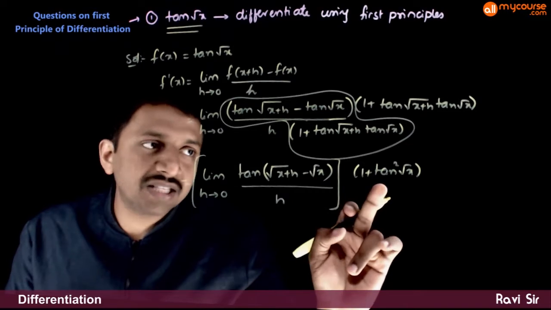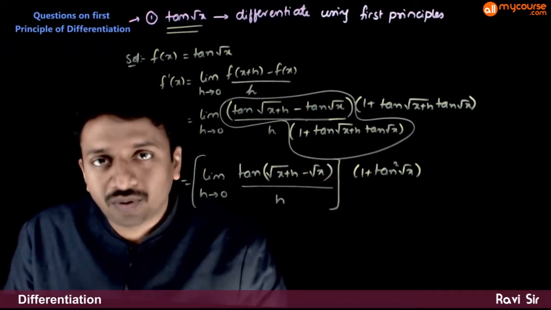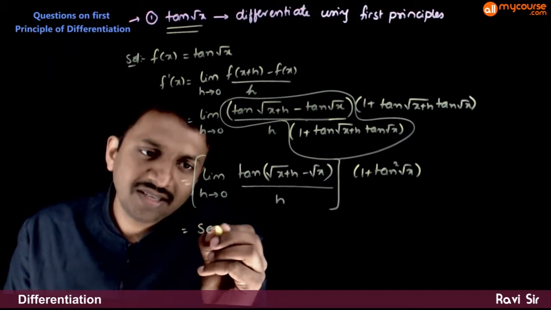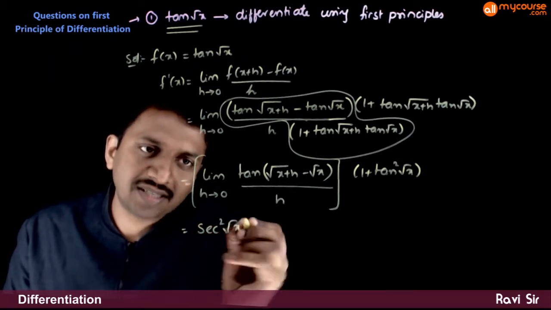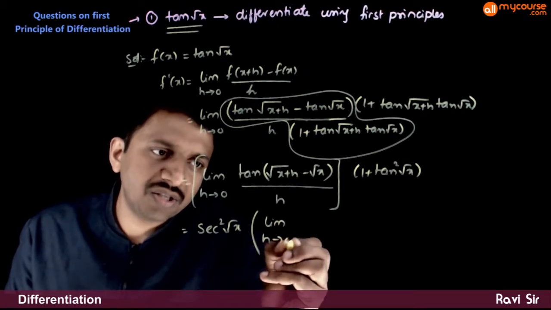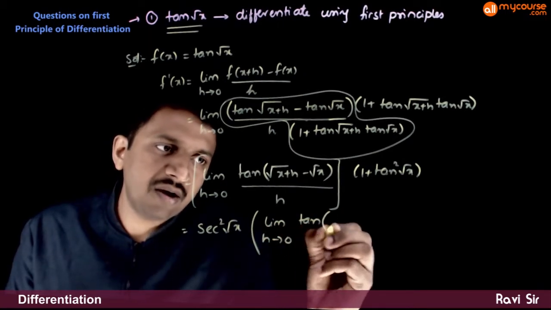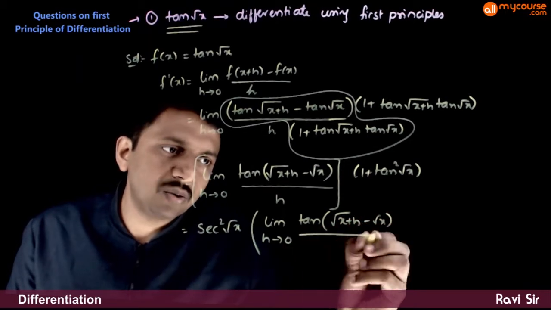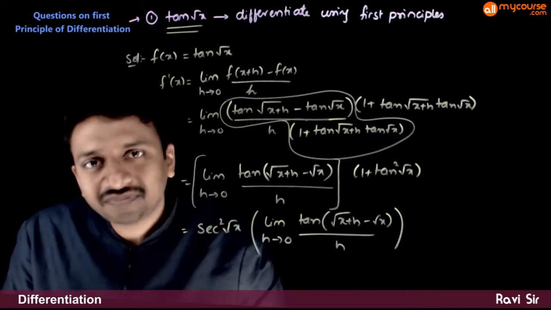So 1 plus tan square root x is nothing but secant square root x. So this got separated. So that is secant square root x times limit h tends to 0 tan of root of x plus h minus root x by h.